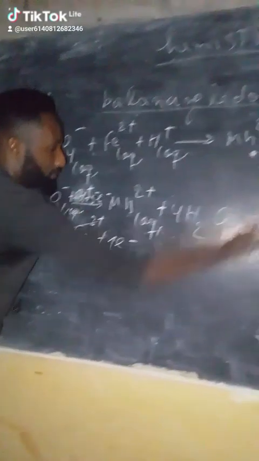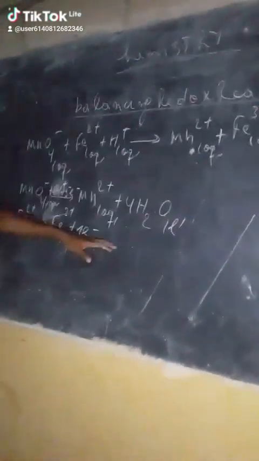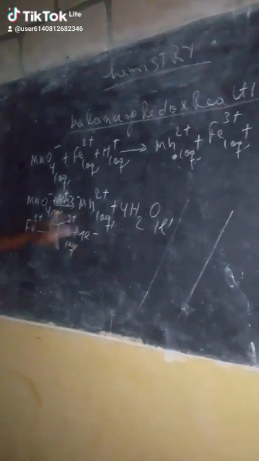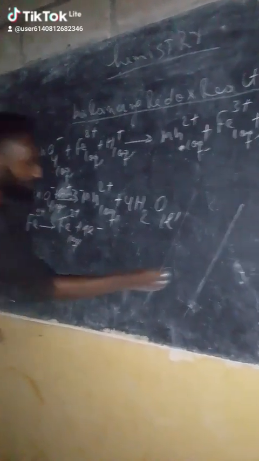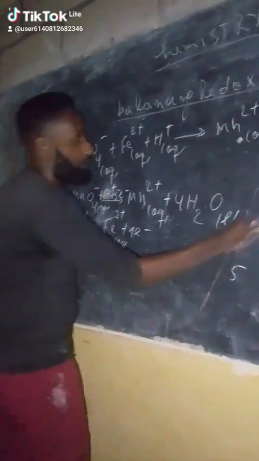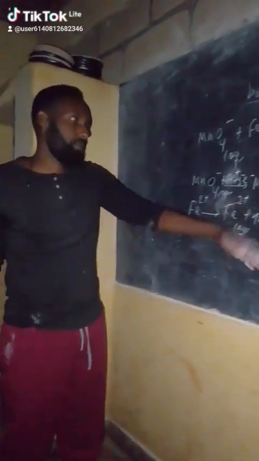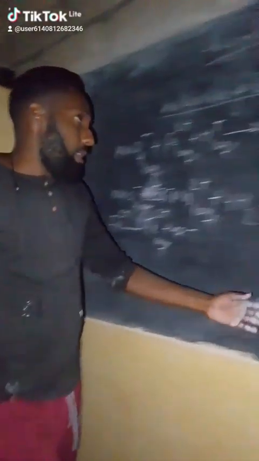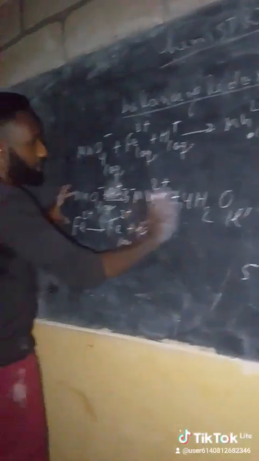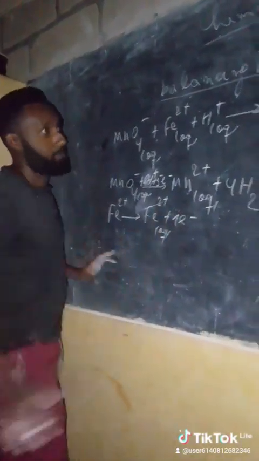So you're going to do what we call elimination. You have to check some more to vanish electrons. And we have to multiply with 5 and we have to multiply with 1. So we are going to join those two half equations.